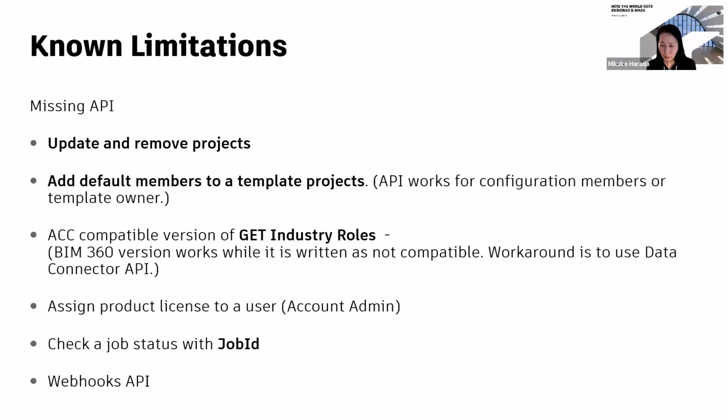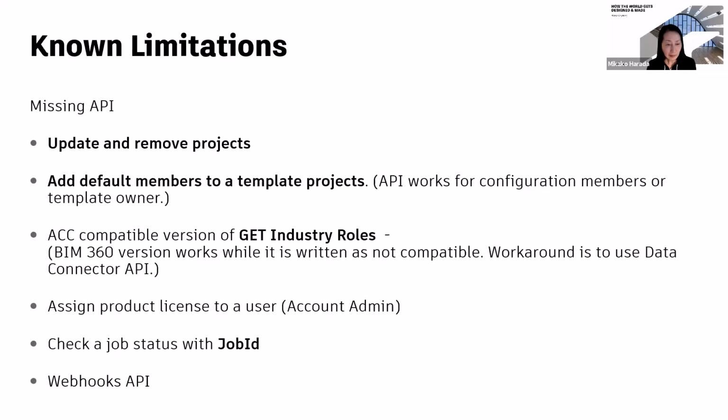Your feedback will probably help us to escalate that one to the product team as well, so don't hesitate to ask us or check with us. And then assign product license. This is mainly for the account admin side of features. If you look at the product modules or features carefully, but again, this is ACC features, and we are chasing after this as well.